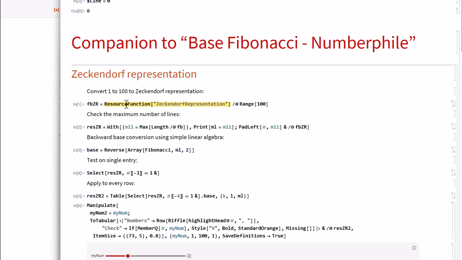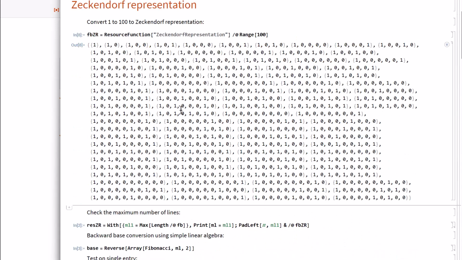We start by using resource function Zeckendorf representation on the first 100 integers. So this is what we have: 1, 1, 0, 1, 0, 0, 1, 0, 1, and 1, 0. In this case, you can tell that the first one here is the highest position, and this is the lowest position.